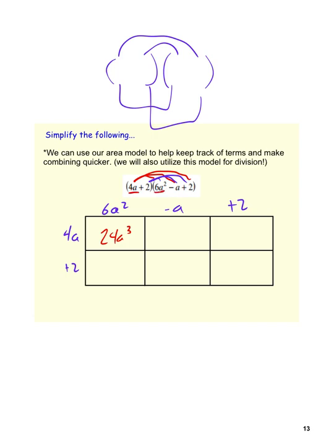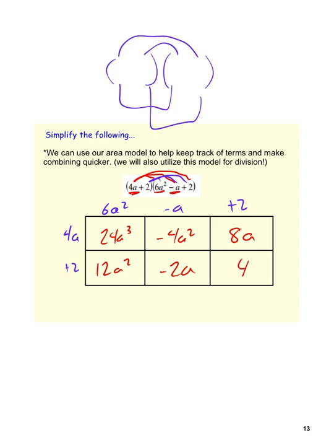Okay, 4a times a negative a, or negative 4a squared, would be that first term here times the second term here, and so on. 4a times 2 is 8a. 2 times 6a squared is 12a squared. 2 times a negative a is negative 2a. And 2 times 2 is 4.